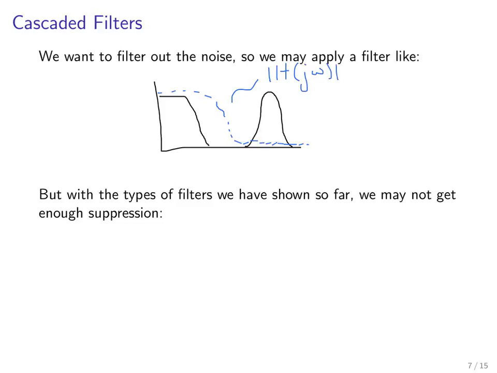But with the types of filters we've shown so far, we might not really get enough suppression. So instead of fully suppressing the noise, what we actually get after filtering is still going to be some significant amount of noise. We'll have our signal here, hopefully untouched.